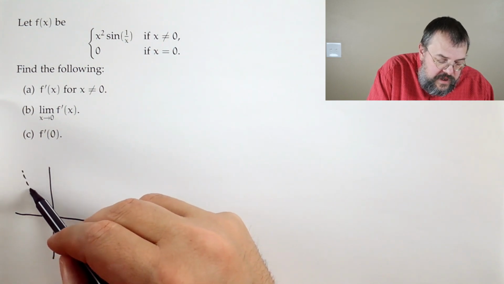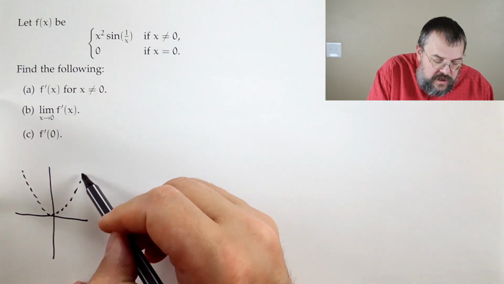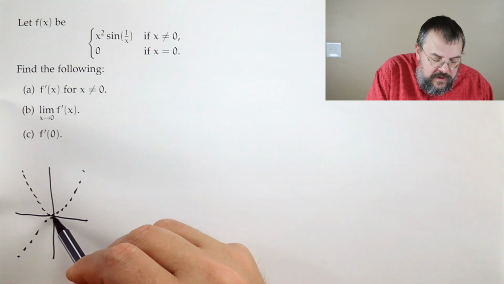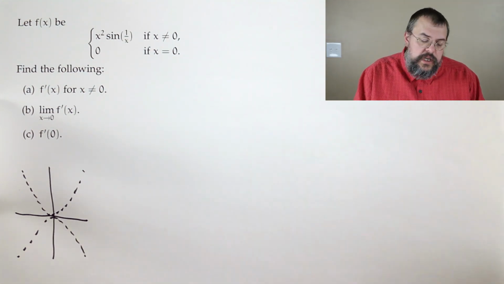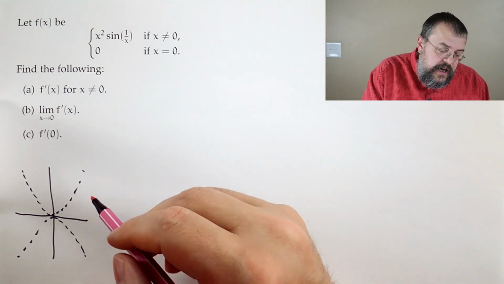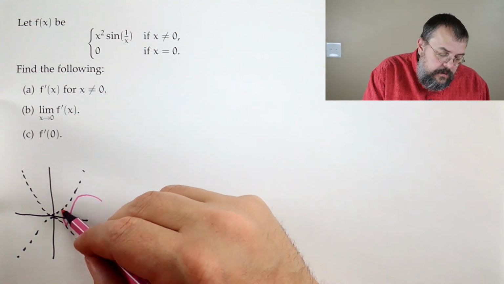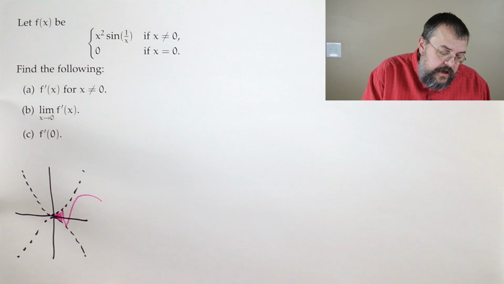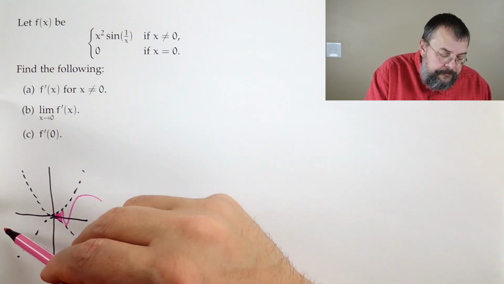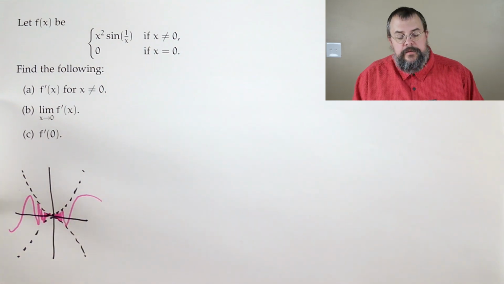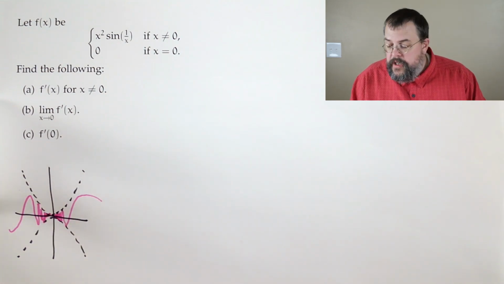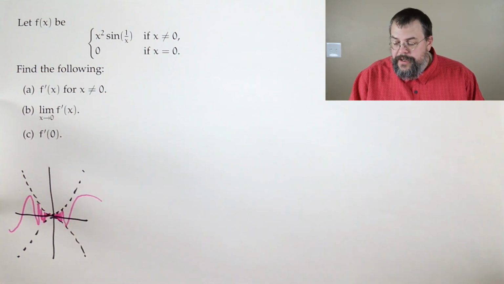So I have a positive x squared here, just put a dotted line, negative x squared there, dotted line, and what we see is that we'll come in and we'll oscillate a lot as we come into 0. Okay, so there we go. That's our function.